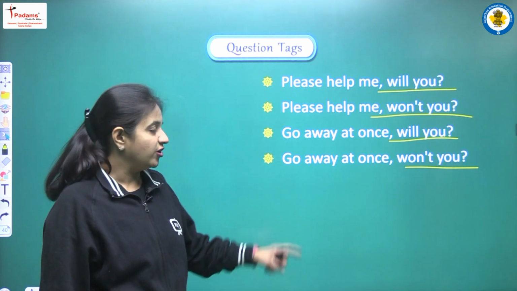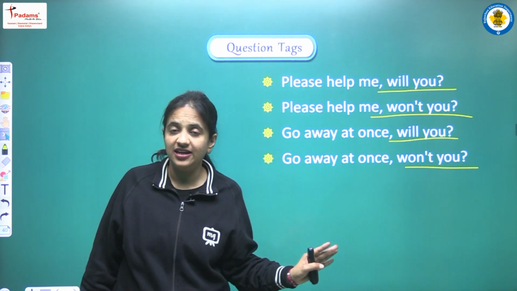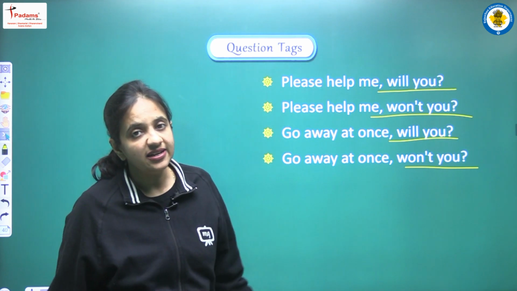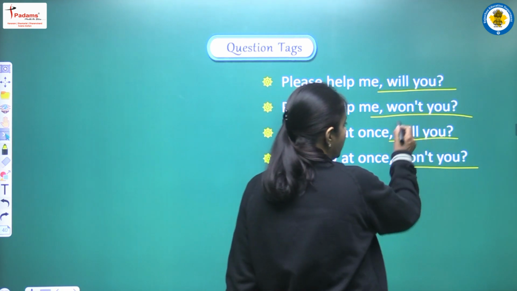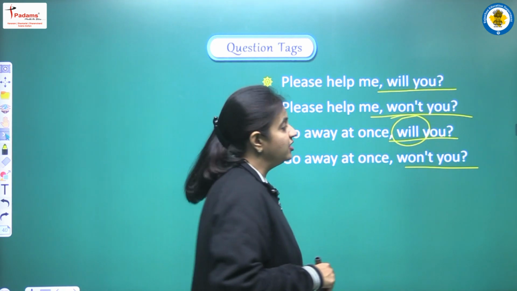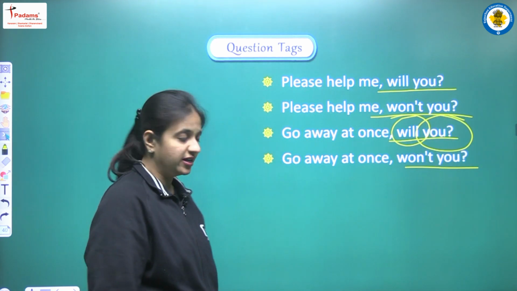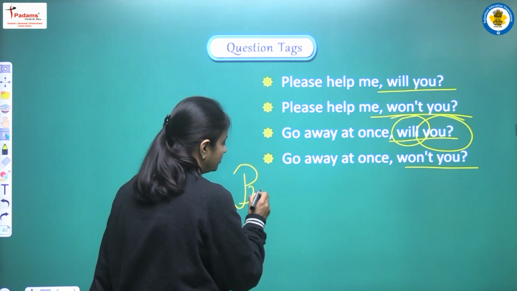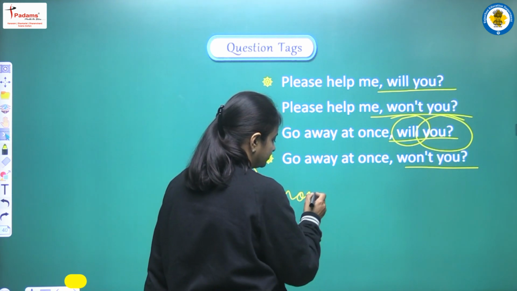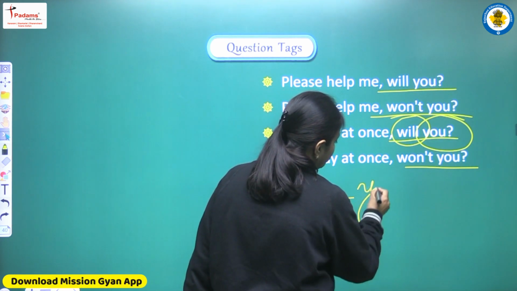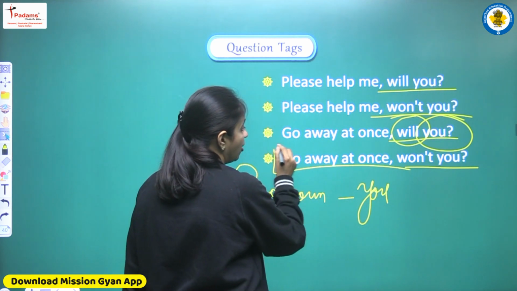Okay, and the important thing that you have to keep in mind here is that in the imperative sentence you have to use will as the auxiliary verb, and you have to use you as the pronoun. So this is the important thing, that the pronoun will be you, because in the sentence you won't have any pronoun.